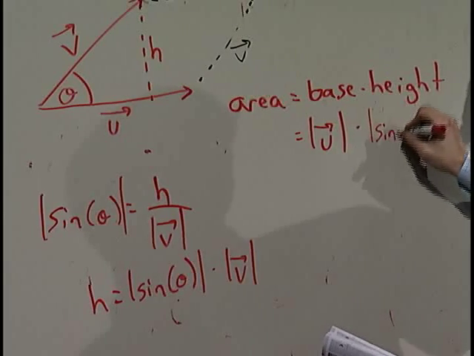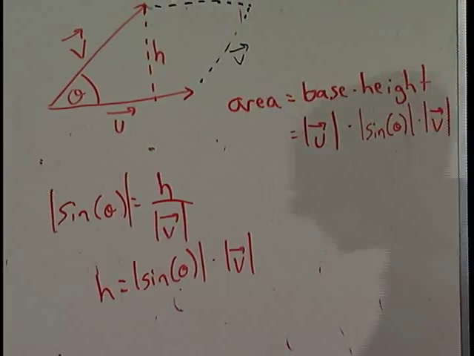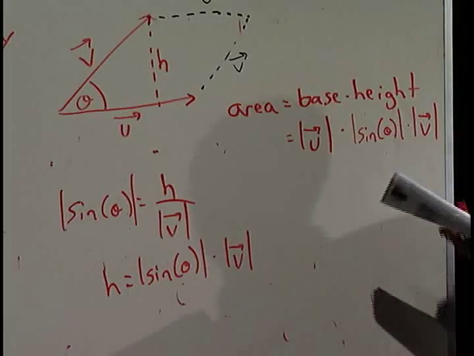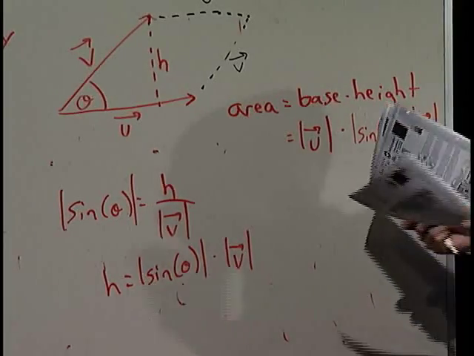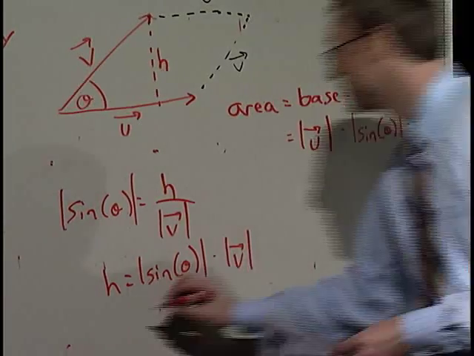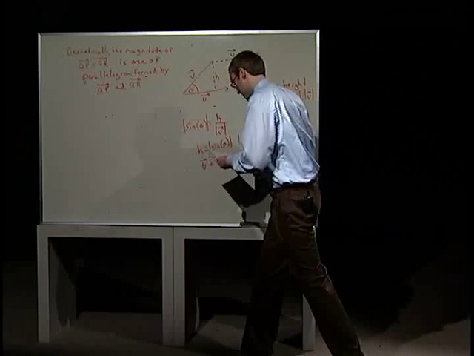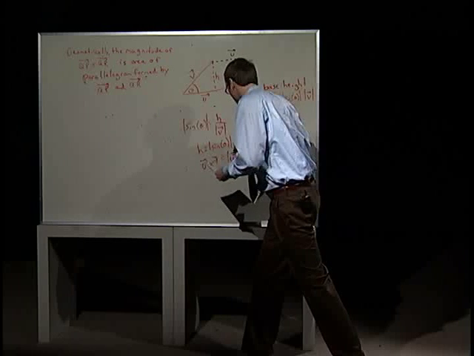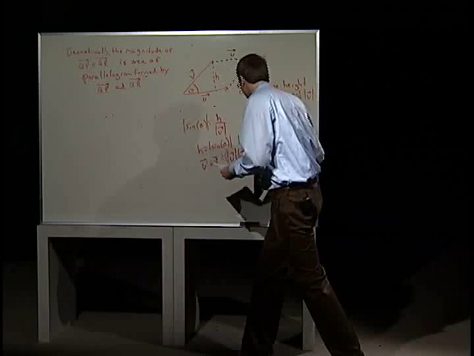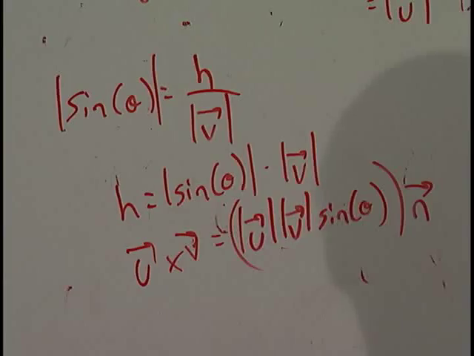So we have this sine theta times length of v as such, right? And so if you recall back to the original definition of what cross product was, remember that u cross v is going to be the length of u, length of v, sine theta, all times that vector n, right?